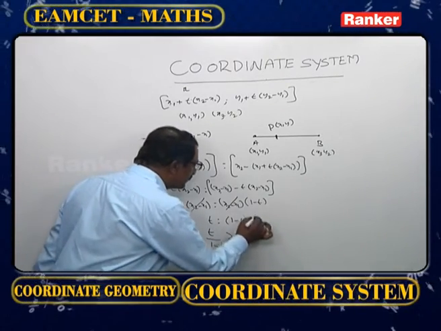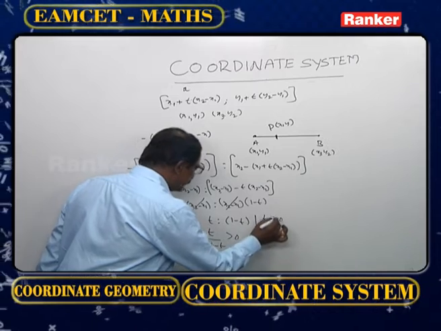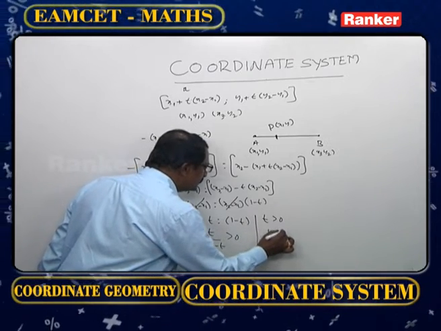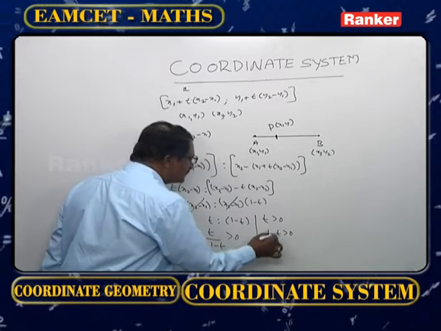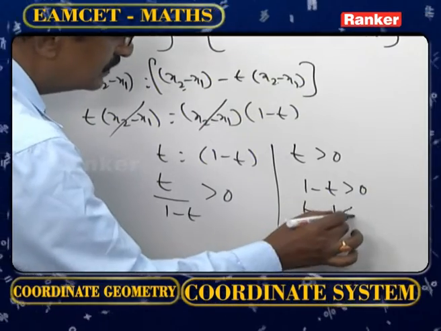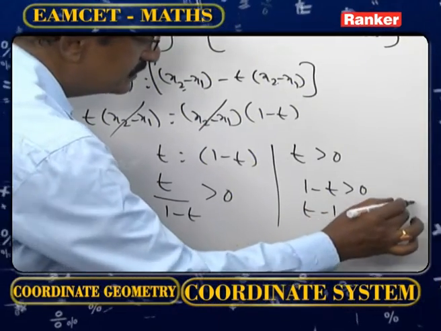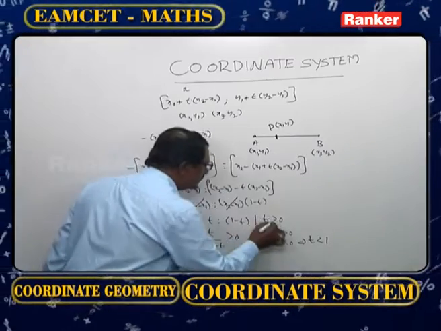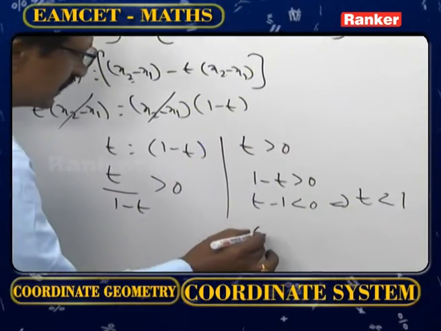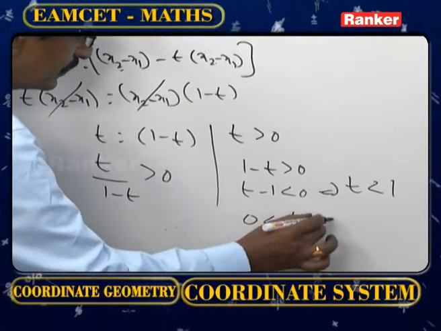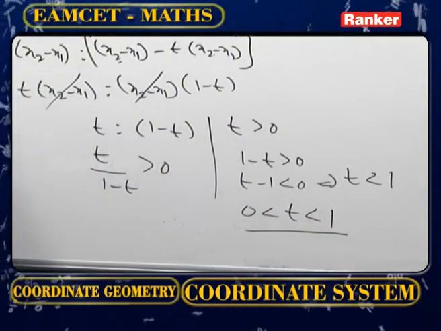Consider t greater than 0, then 1 minus t also greater than 0, that is t minus 1 less than 0, which implies t less than 1. Now 0 less than t less than 1. Now the required option is second.